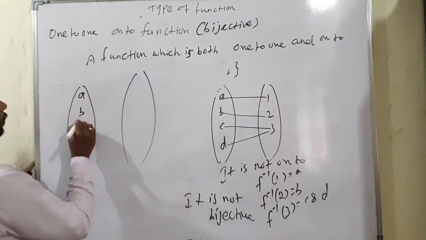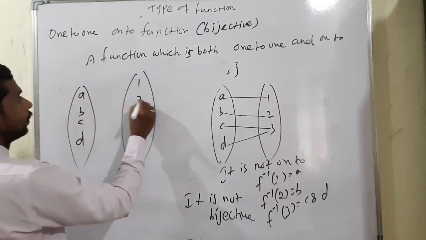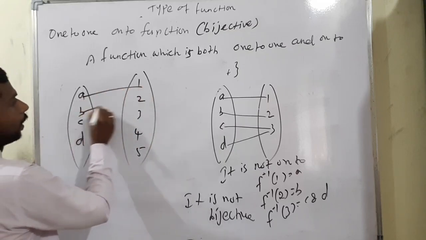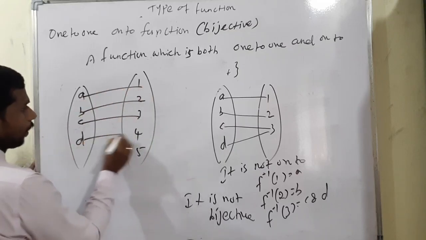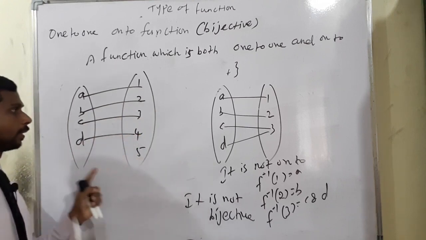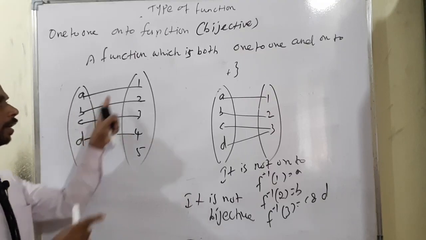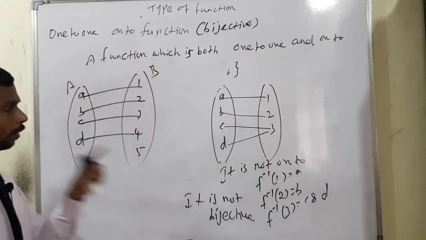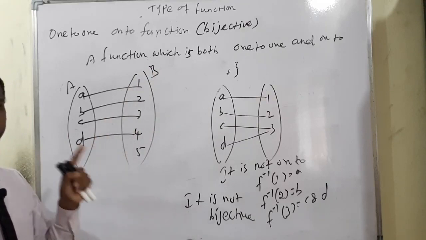Then another example. So A, B, C and D, and 1, 2, 3, 4 and 5 are there. Mapping A to 1, B to 2, C to 3, D to 4. So listen, first we can say it is one to one because different elements have different images. But it is not onto. Why?